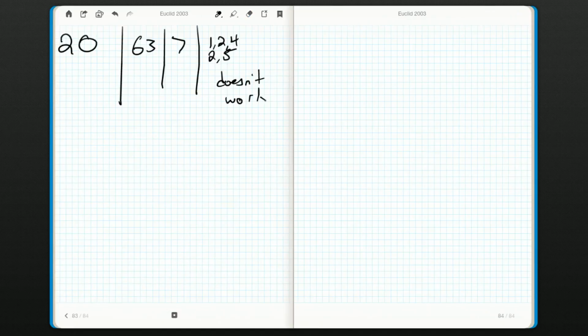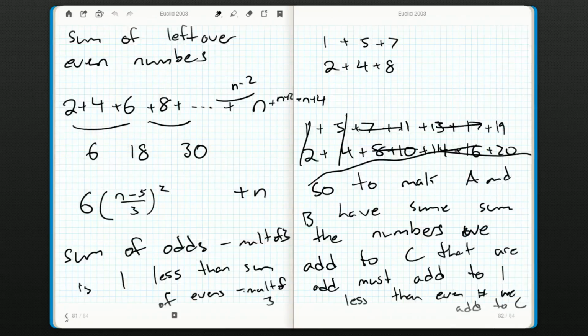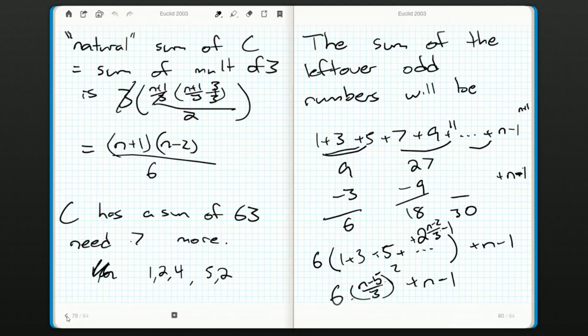And you can see I'm sort of arranging it as a chart. So I'll have the n that we're considering, the natural sum of C, which I just had a formula for that. n plus 1 times n minus 2 over 6.